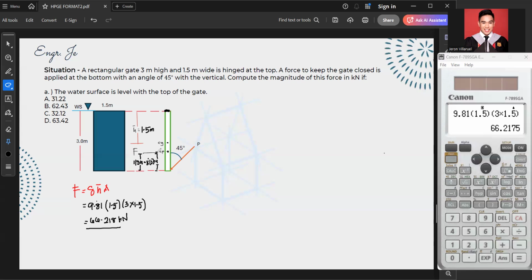We use 1/3 because the shape of the water pressure is triangular. So it is 1/3 from the bottom and 2/3 from the hinge. So we can put it here, that is 2 meters.